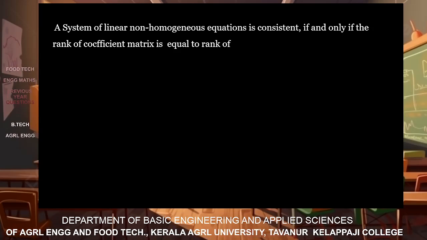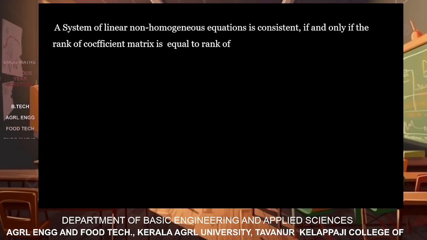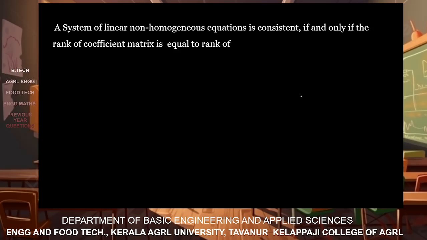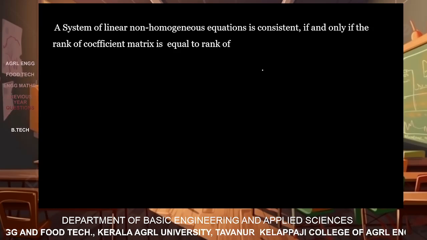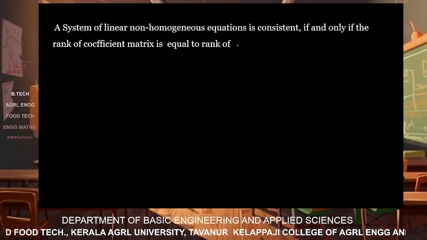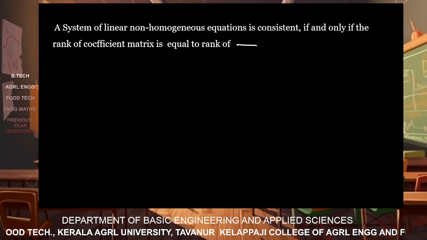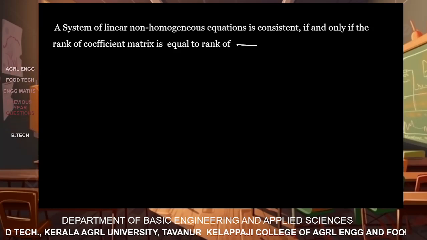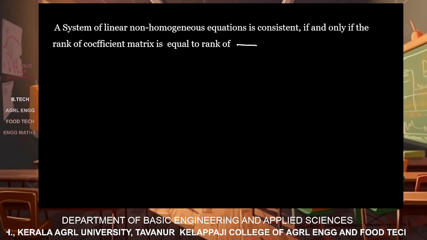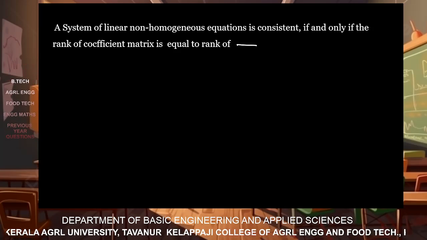A system of non-homogeneous equations is called consistent if and only if the rank of the coefficient matrix is equal to rank of dash. It is a fill in the blanks question. First of all, you should know what a non-homogeneous system of equations is.